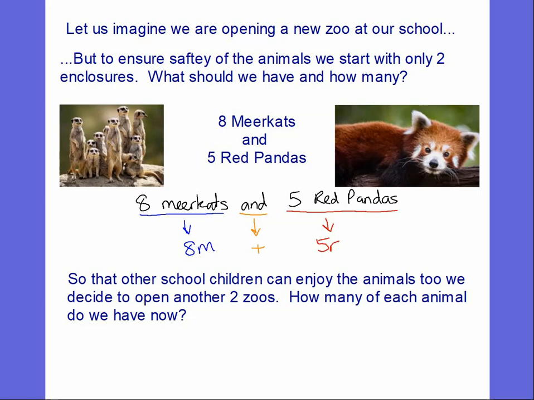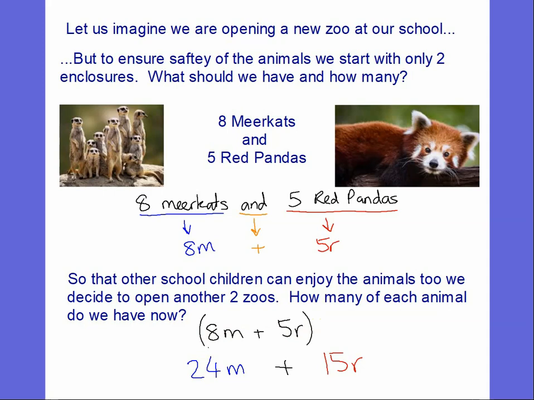So how many meerkats? Well, I think you'll agree there'd be 24 meerkats. And we would now have 15 red pandas. And we would still be adding them to find out how many animals we had in total. But what we could have done, instead of writing 24M and 15R, is say that is 1 zoo, and put a bracket around it, say that is everything in our zoo right now.